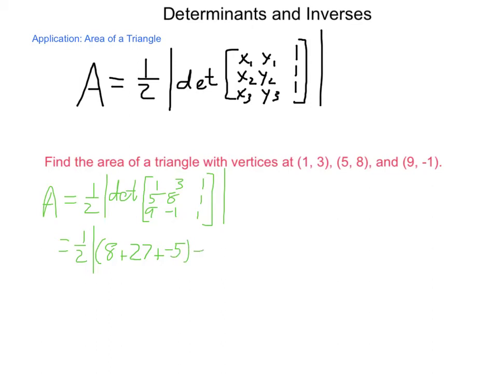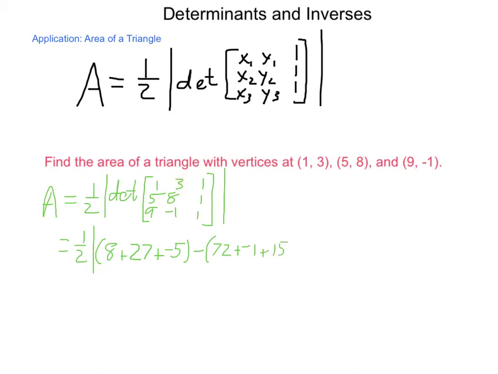And from that I'm going to subtract my bottom-up diagonals, which is 9, 8, and 1, that's 72, plus my next bottom-up diagonal, which is negative 1, 1, and 1, simply a negative 1. And my third is 1, 5, and 3, which gives us 15.